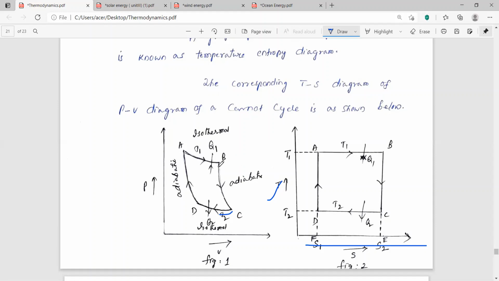That means the whole Carnot cycle lies between curves in the PV diagram. If you draw the same Carnot cycle in the TS diagram, the whole Carnot cycle can be shown with straight lines like this, and the diagram is rectangular.